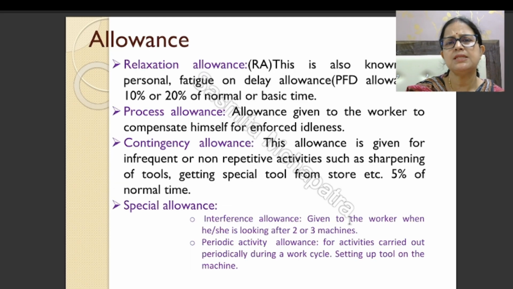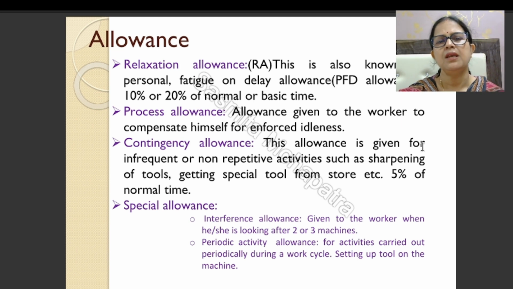Relaxation allowance is a PFD allowance, that is personal, fatigue and delay allowance. Maybe 10% to 20% of the basic time is added. Process allowance is given to the workers to compensate for enforced idle time. Contingency allowance is given for infrequent or non-repetitive work, like 5% of the normal time.